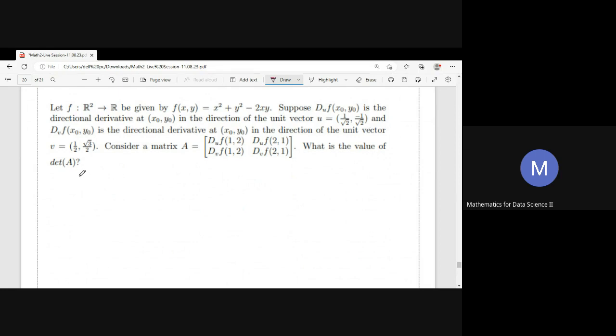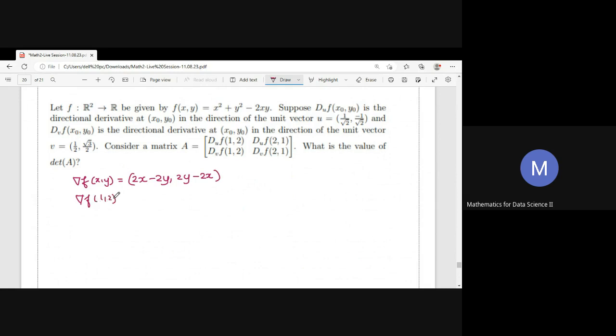First of all, what is the gradient function? 2x minus 2y, comma, minus 2y minus 2x. So this is your gradient function. We have been given unit vectors already. You have to find it at (1, 2) as well as (2, 1).